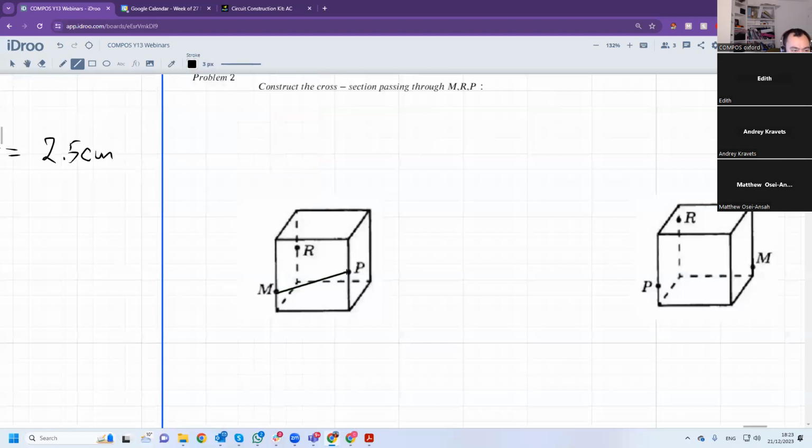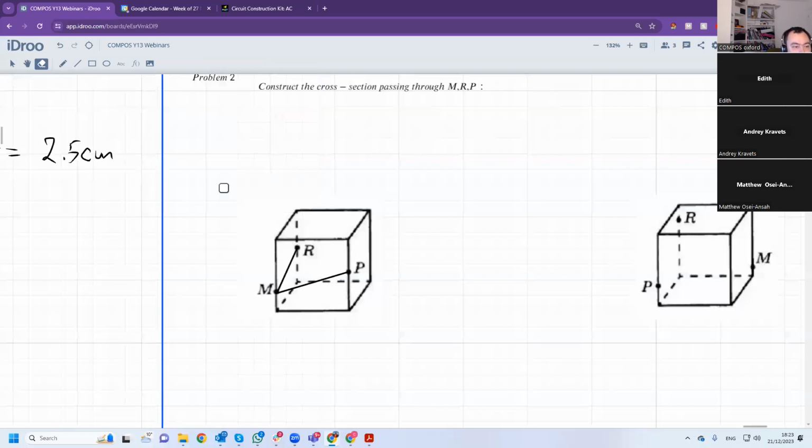You need to find the plane MRP. So we need to find how this line goes further. Does it go like this, or like this? Where does the plane cut the cube? So you need to find the shape of the cross section.